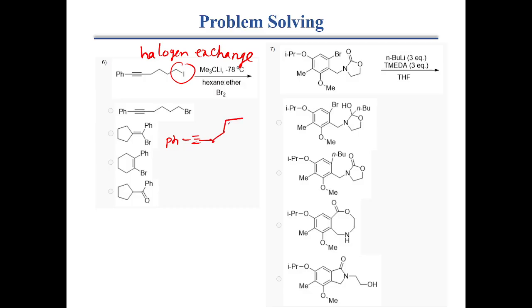CH2 CH2, 1 2 3 4. So that's Me3C minus Li plus. That will react with the iodine and this negative charge will form. That will be abstracted by the lithium. So this will form. Now what happened in presence of bromine?